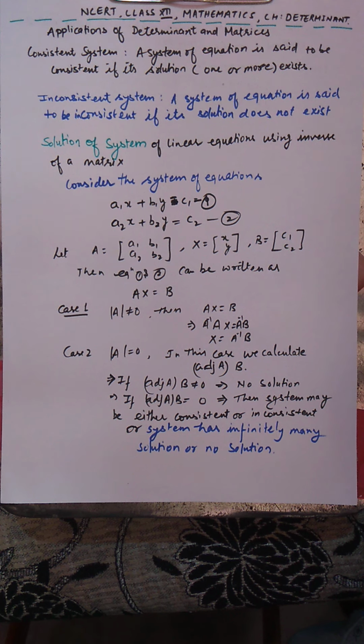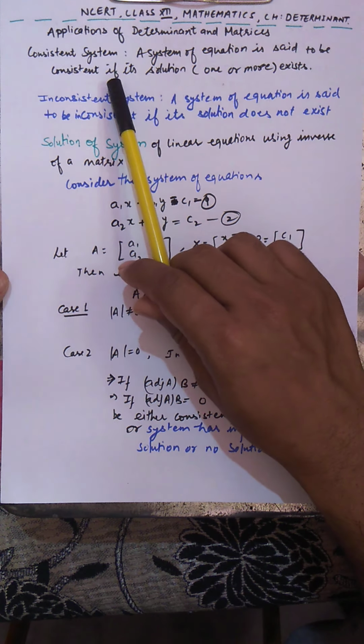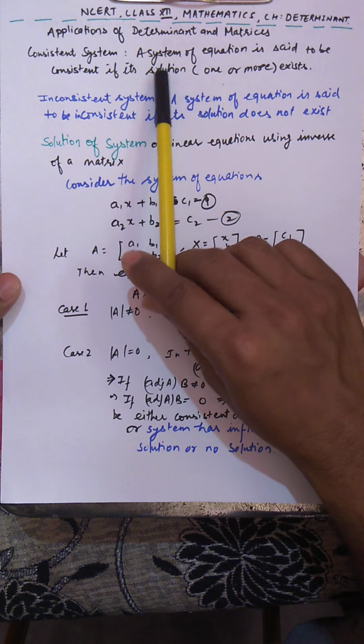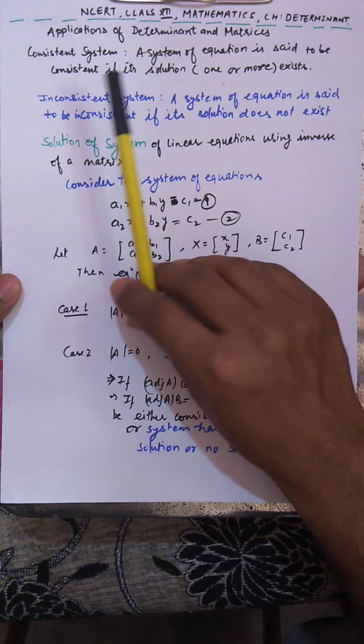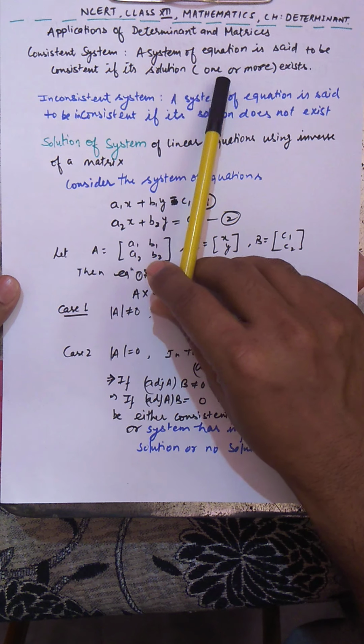The consistent equations were getting in two conditions. First condition was unique solution, a1 upon a2 not equal to b1 upon b2, and second was when the lines are coinciding ones. So in that case also the system of equations will be called consistent if its solution exists.